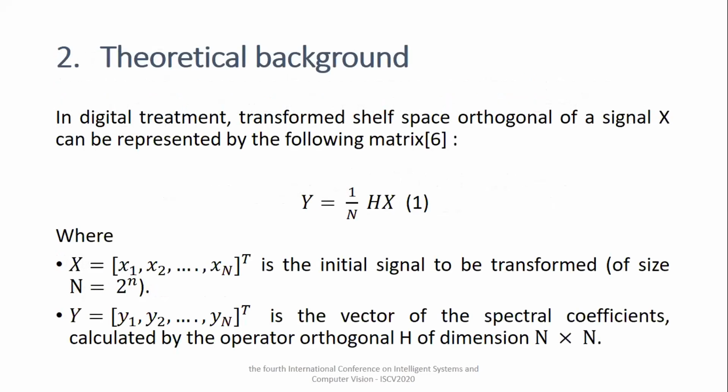In digital treatment, the orthogonal transform of a signal x can be represented by the following matrix: y equals 1 divided by n multiplied by H x, where x is the initial signal to be transformed, and y is the vector of the spectral coefficients.